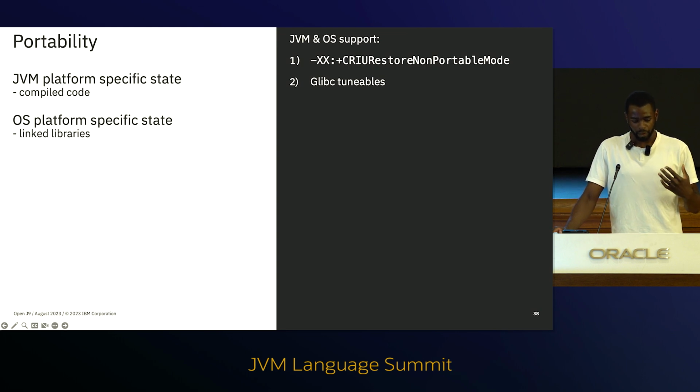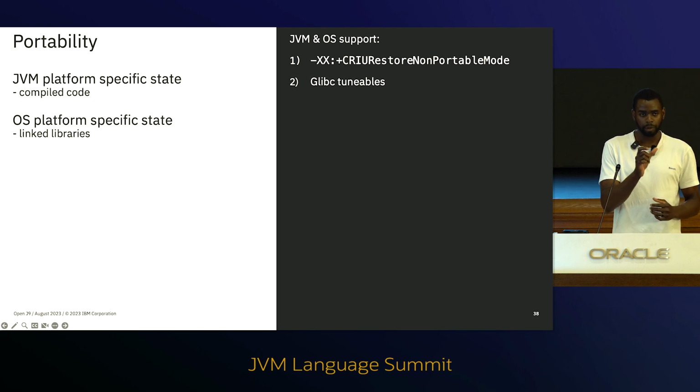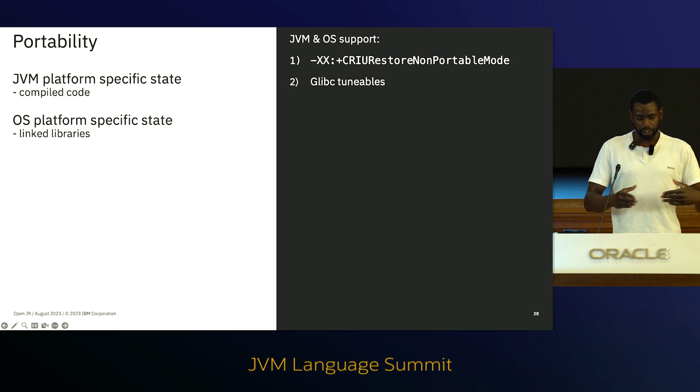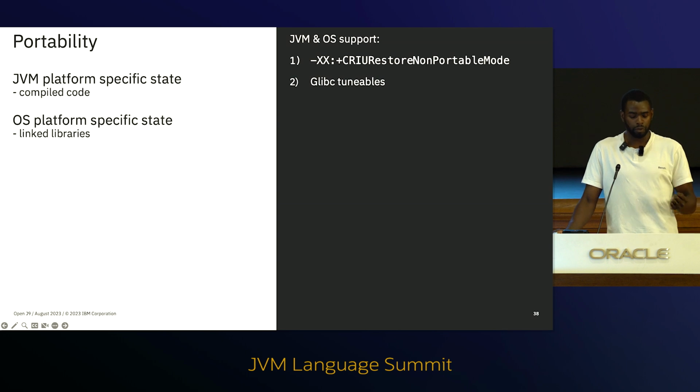There's a possibility that you may take a checkpoint on a machine that has a higher level of capabilities and restore on one with a lower level of capabilities. Because of this possibility, we have to be conservative during the checkpoint phase. Earlier in the example, you'd have seen that I added the flag to say that we are enabling checkpoints. This basically tells the JVM that this live instance is going to be frozen and it might be restored somewhere else, so be very careful about what instructions you're using and make sure that it can apply more broadly.